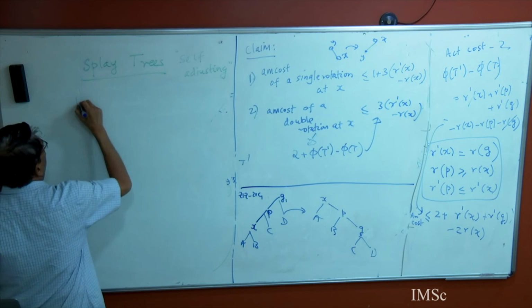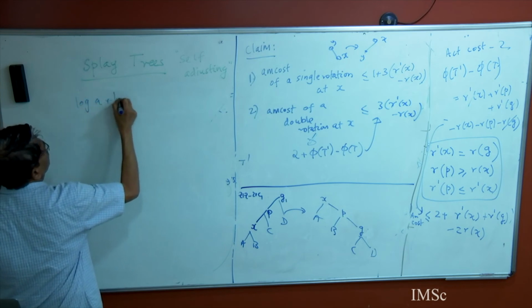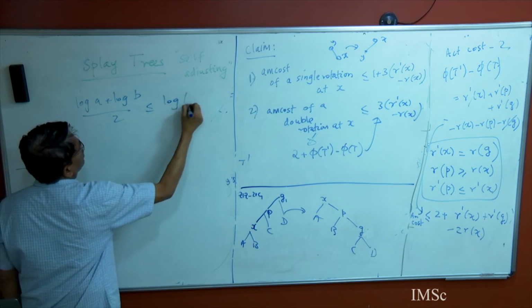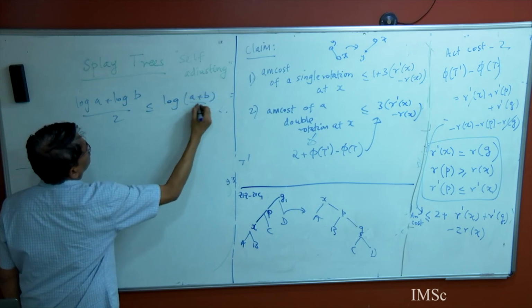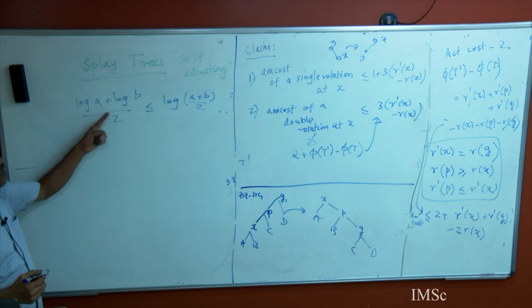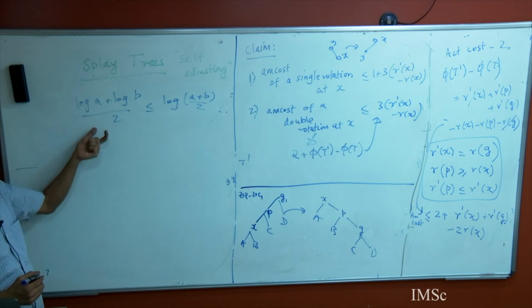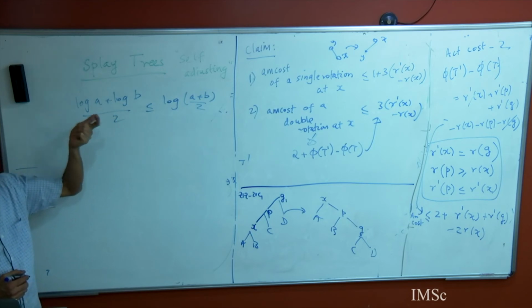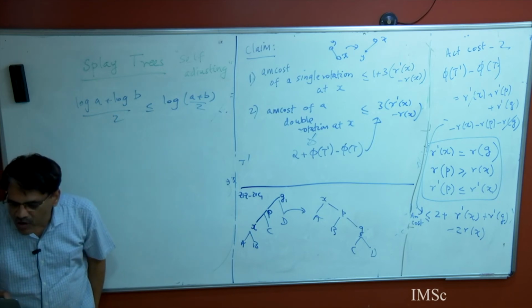Okay, so what we know, log of a plus log of b by 2 is less than or equal to log of a plus b by 2. Right? Some geometric mean, arithmetic mean business. Because log of a plus log of b by 2 is log of square root of ab, which is geometric mean. And a plus b by 2 is arithmetic mean. So logs are same.